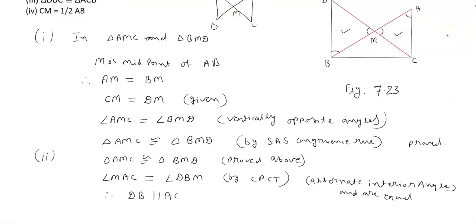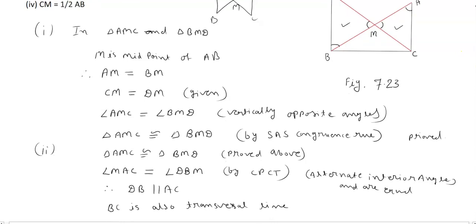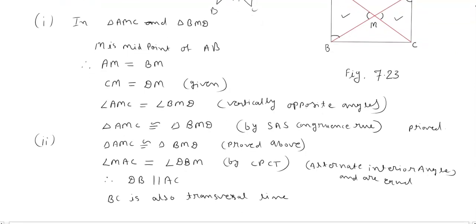Now AC and DB are parallel, so BC is also a transversal line for AC and BD.